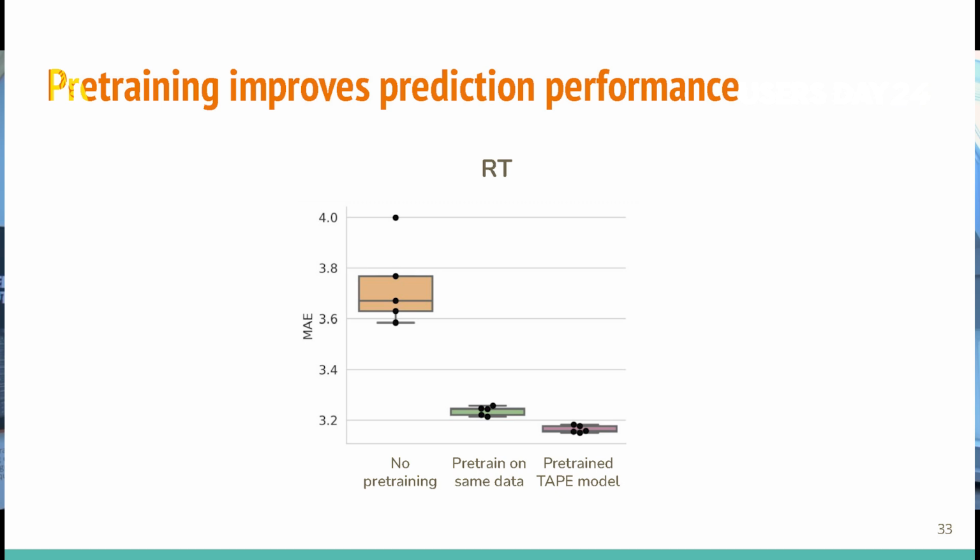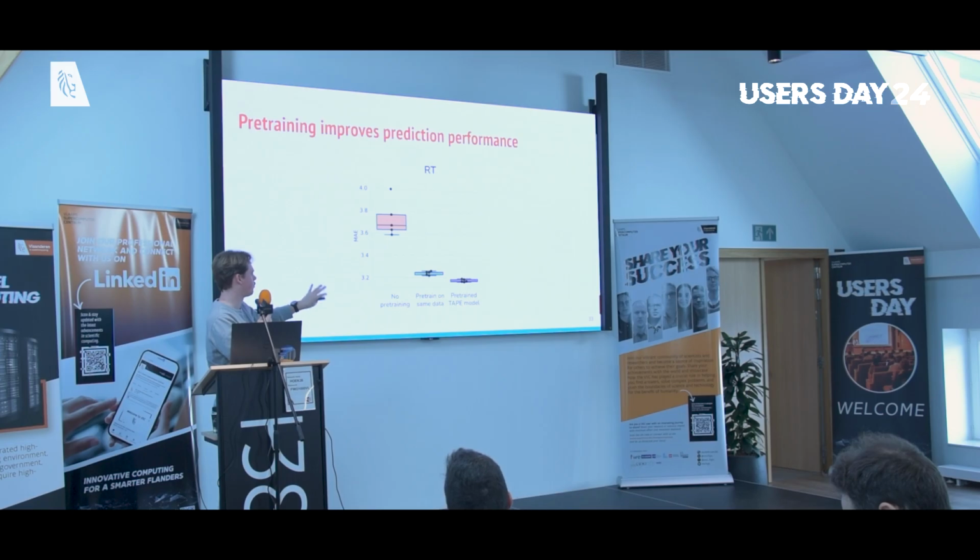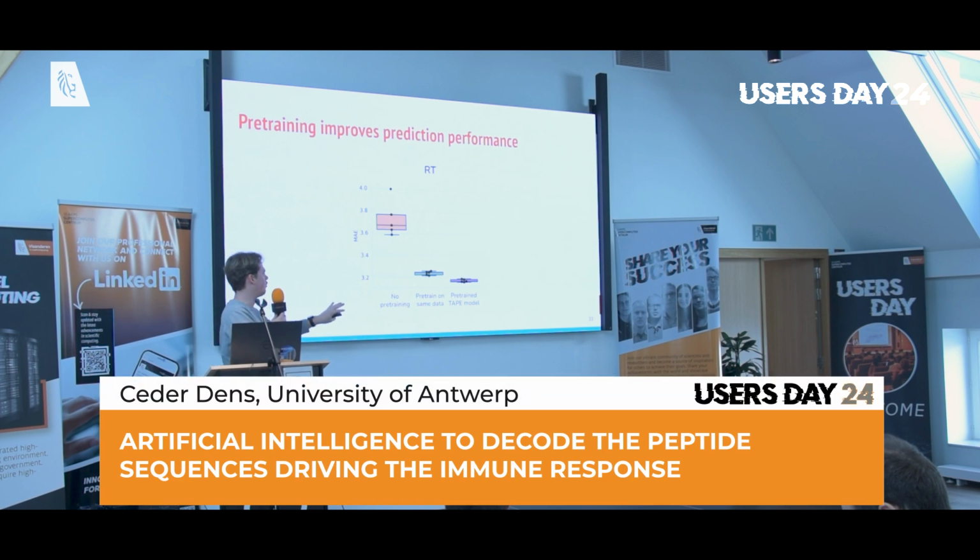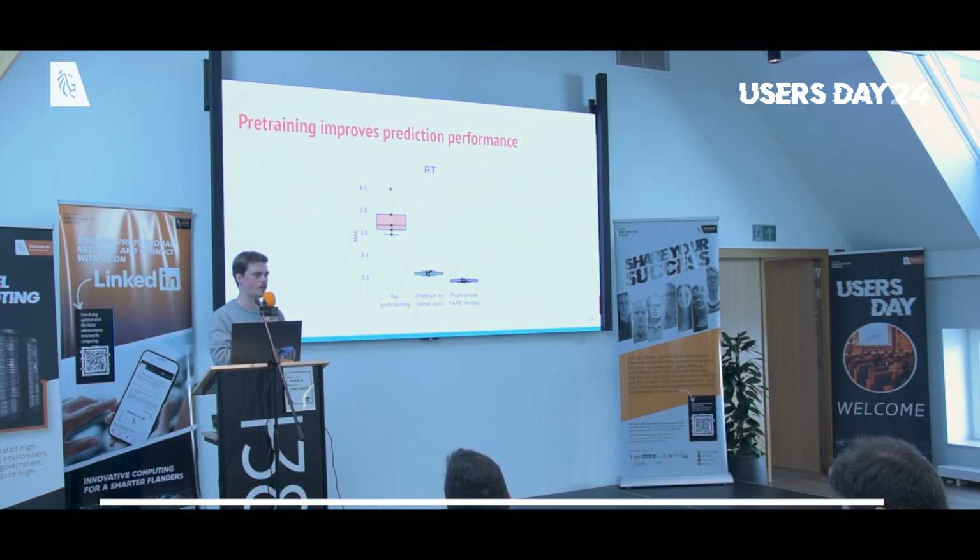So again, the error, so lower is better: on the left, the model that was not pre-trained; in the middle, a model that we just pre-trained on the same data we have for the fine-tuning, so the actual task. And then on the right, we use a model that was pre-trained on a very large general protein data set. And we see that even doing the pre-training ourselves helps, but using a large protein data set for the pre-training does slightly better.